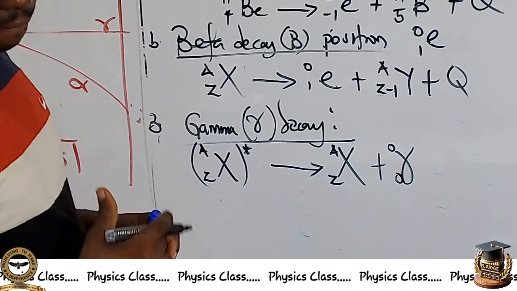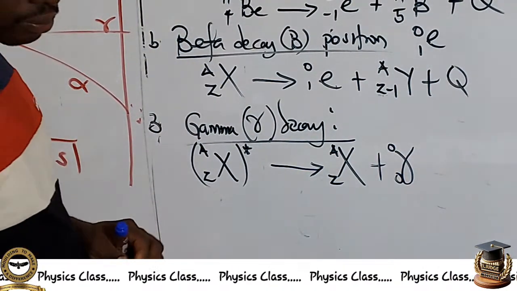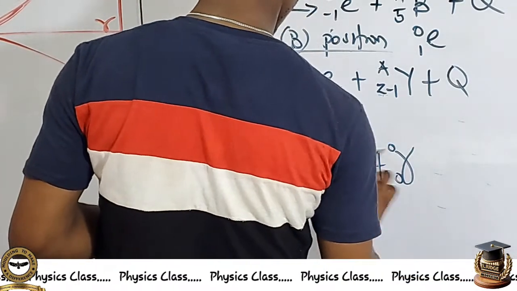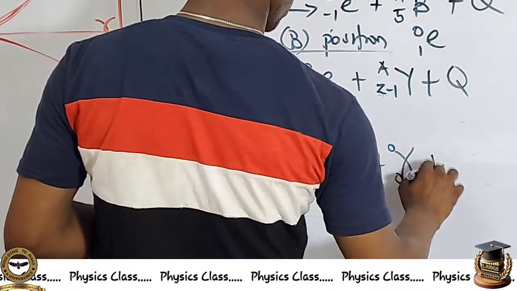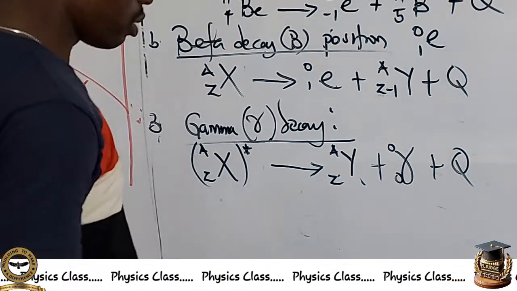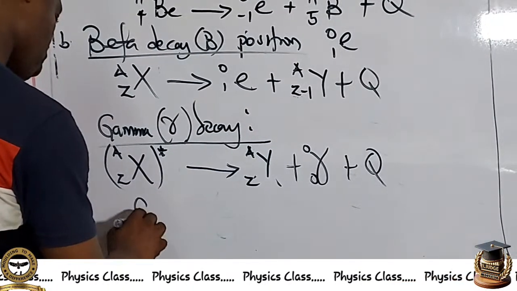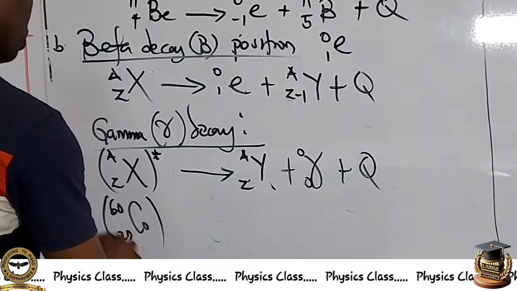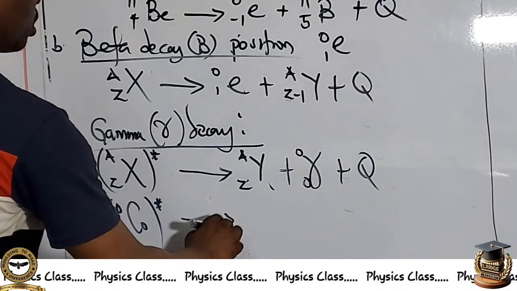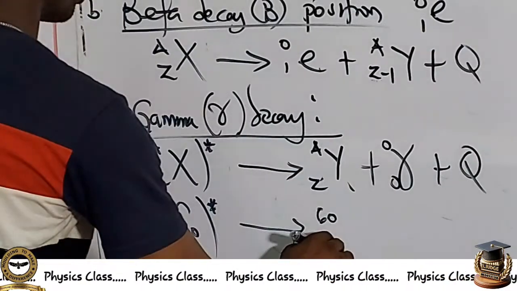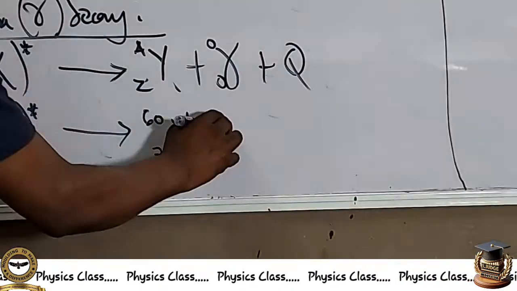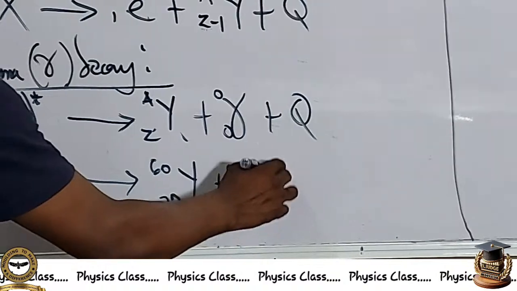An example of this, let's look at cobalt 60, 27. When it's excited, it still forms 60, 27 cobalt plus emission of gamma and heat.